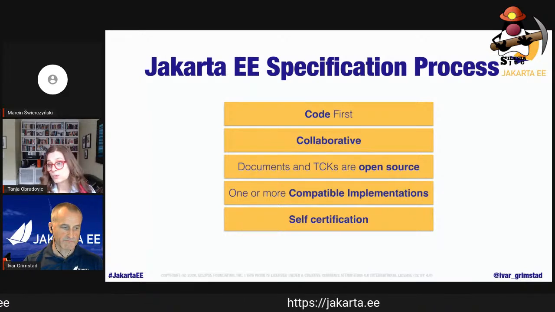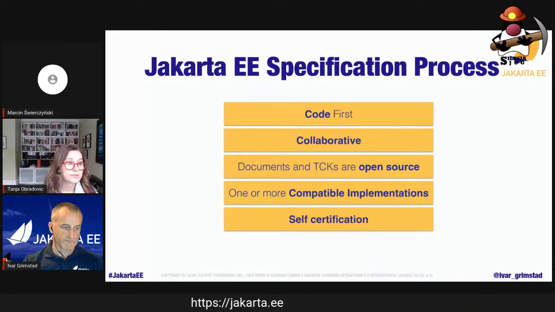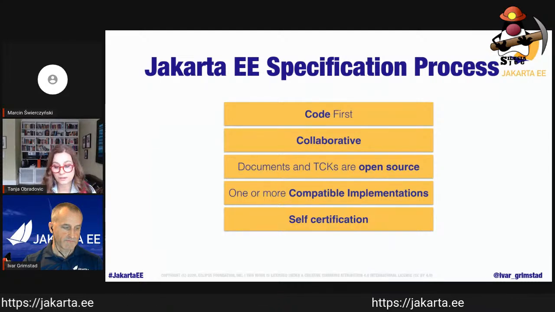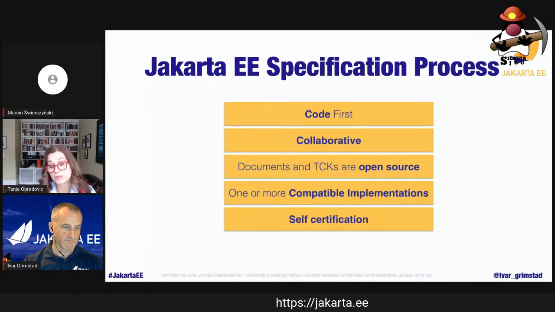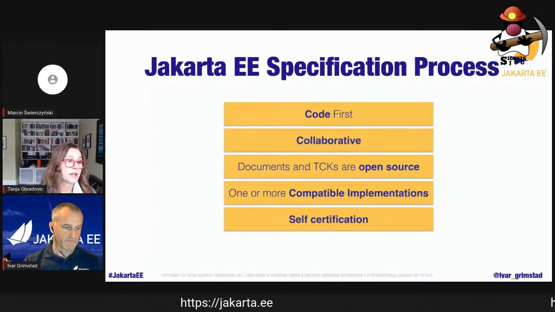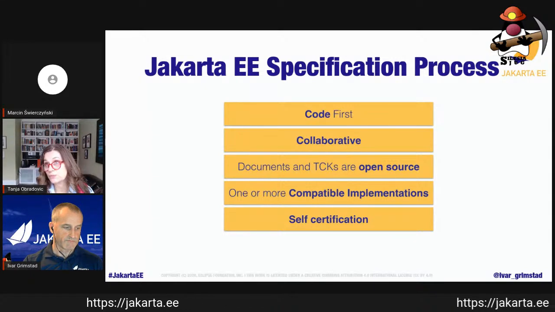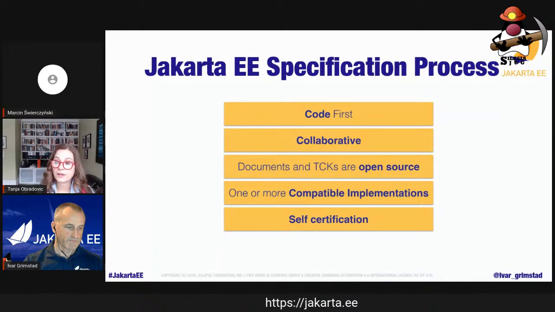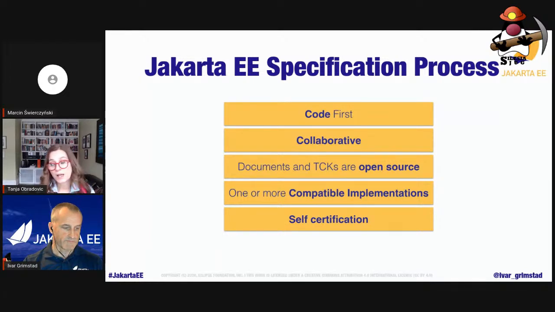Anyone who is interested in having their product as a compatible implementation can have it used to verify that the code is actually certifiable and run the TCK. We can use that as the compatible implementations. The requirement is to have at least one.